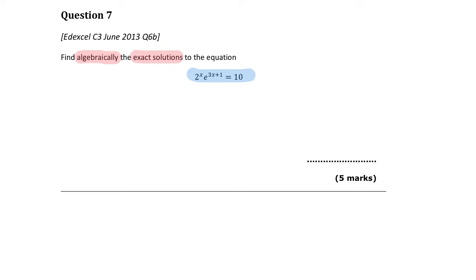Okay, so it might not be obvious straight away how we tackle questions like this. However, our key knowledge should be that if we have our unknown as a power, so the x is a power, that means we're going to use logs. So the rule for logs is if I have something like a to the power x equals b, to solve that I would do x equals log base a of b.